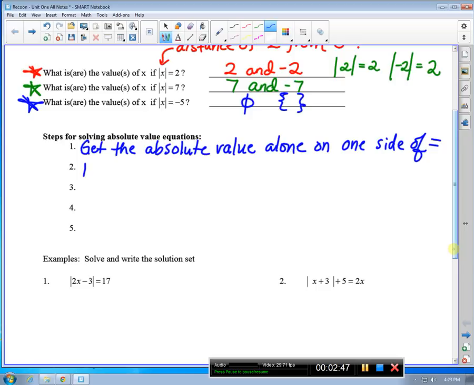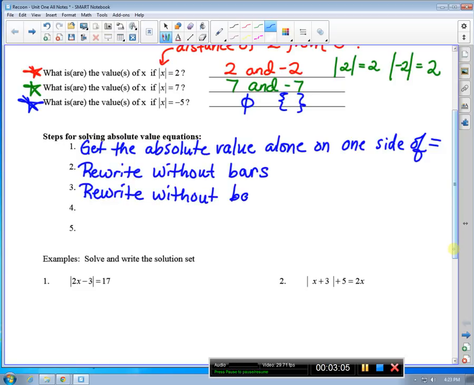Then we're going to rewrite without bars, set equal to positive, and we're going to rewrite without bars, set equal to the negative.